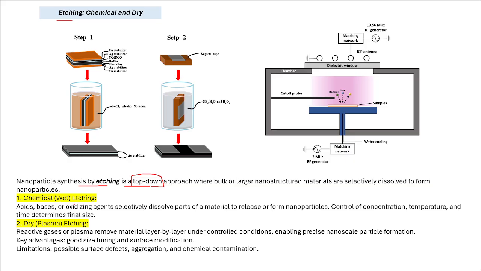So the first one is chemical or wet etching. In these cases, we use acids, bases, or oxidizing agents selectively, which dissolve parts of the material to release or form nanoparticles. Control of concentration, temperature, and time determines its final size.